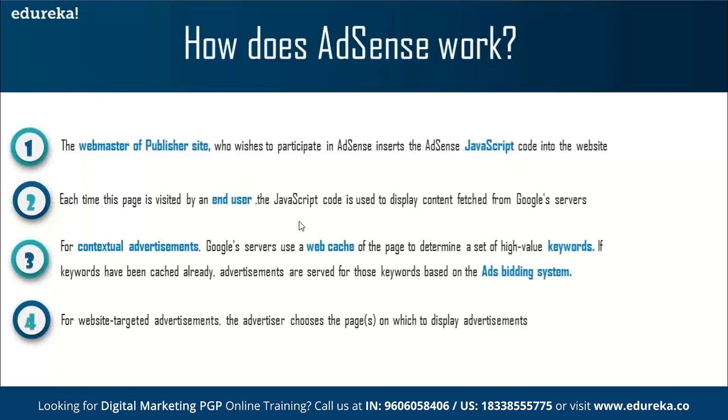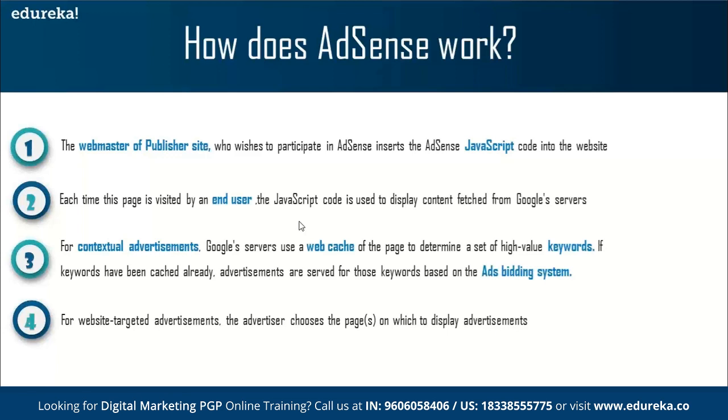It starts working from that point. Each time the page is visited by an end user, the JavaScript code is fired, and it fetches the right ads based on either the context of your website or the interest of the users, and starts showing ads. It is as simple as that.